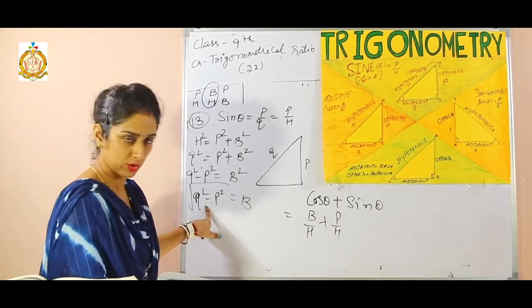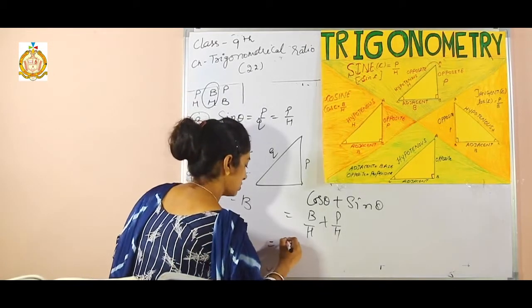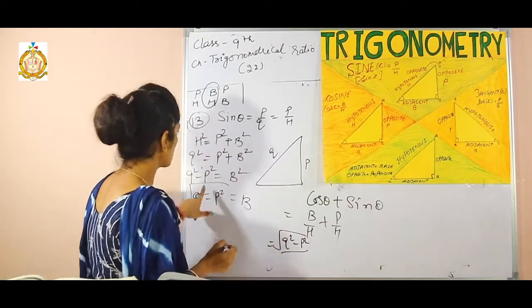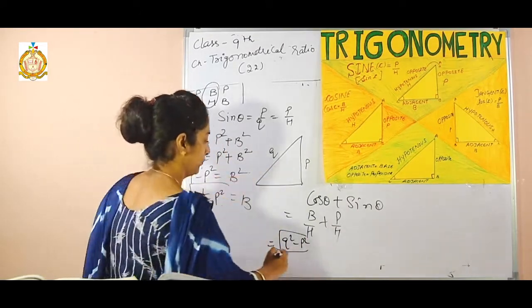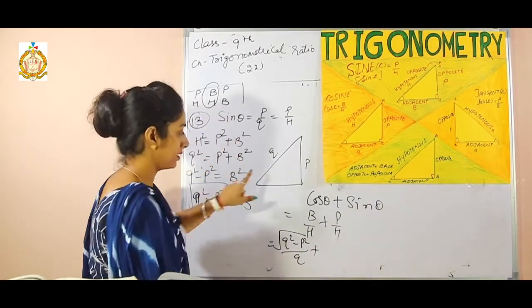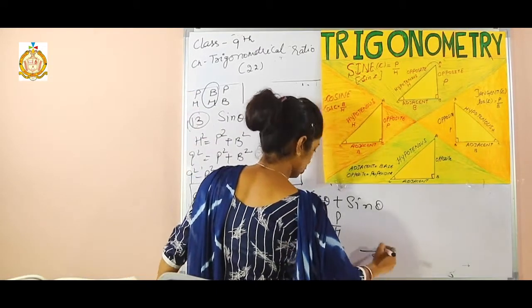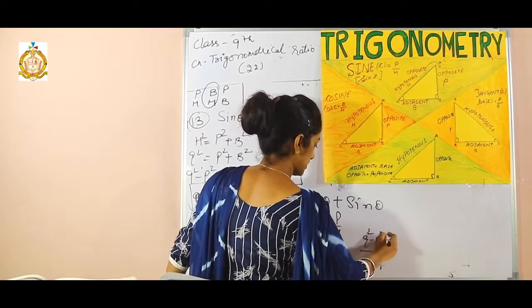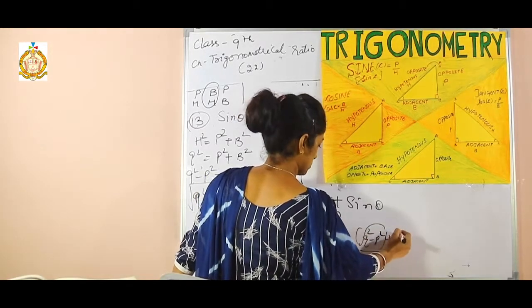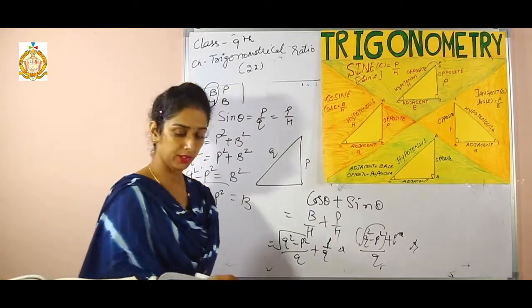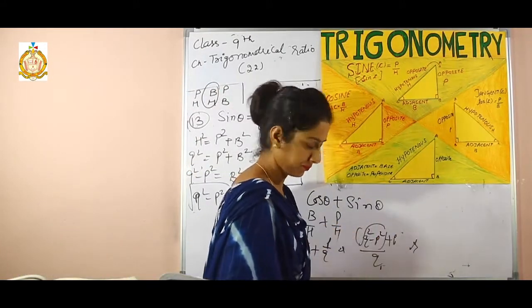You have to put the value, that is the square root of Q square minus P square over H. H is what? Q. Plus P over Q. We have to take the LCM Q. It means the square root of Q square minus P square plus P square is your answer.